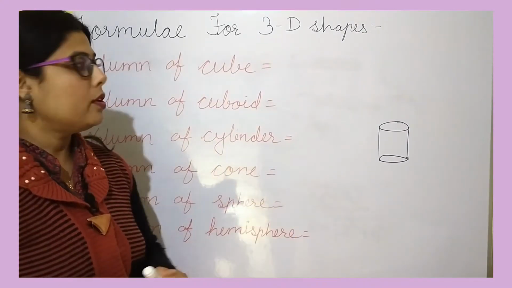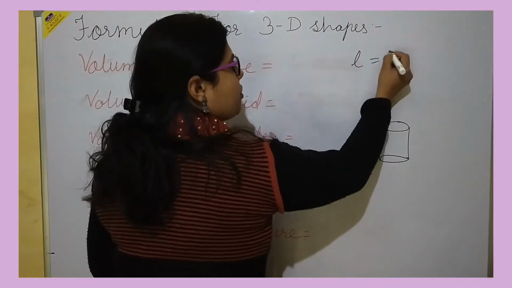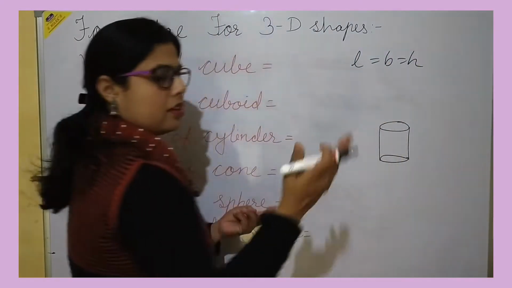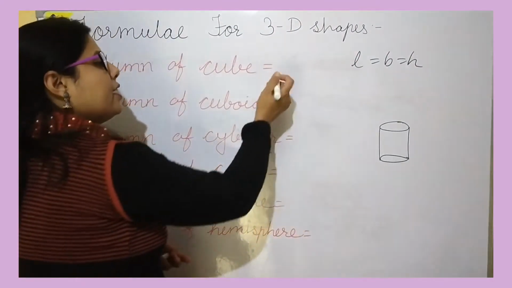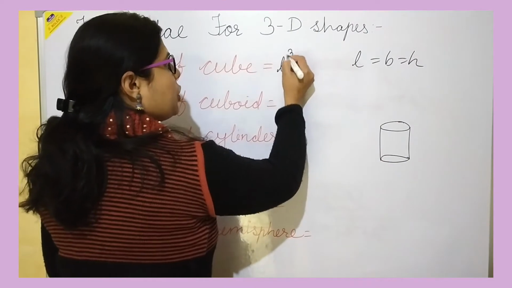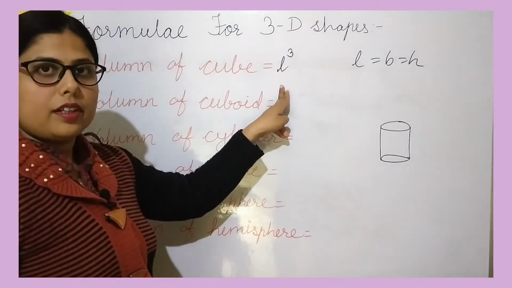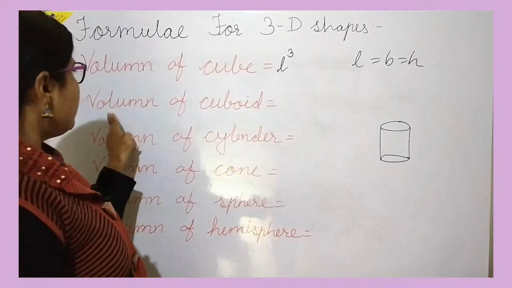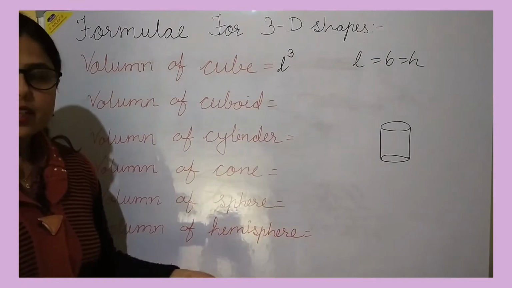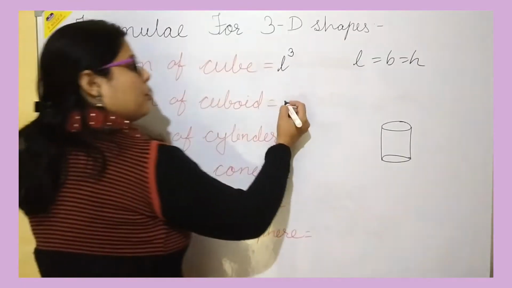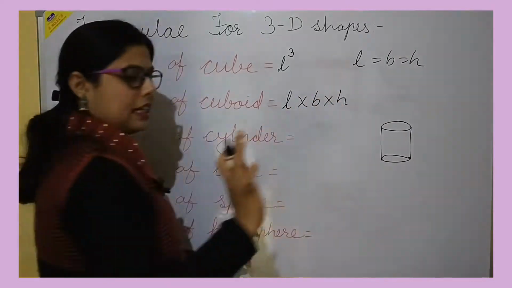As we know, in a cube, volume of cube means L is equal to B is equal to H, because length, breadth and height are all equal in a cube. That's why its formula is L cube. Do you understand this? Now in cuboid, volume of cuboid, here L, B, H are not equal. That's why the formula is L into B into H. Clear?